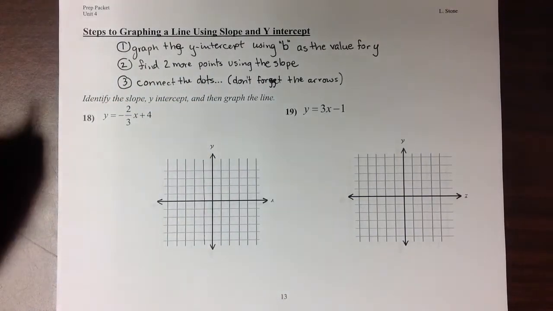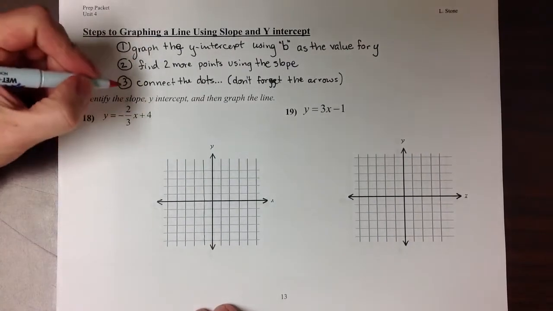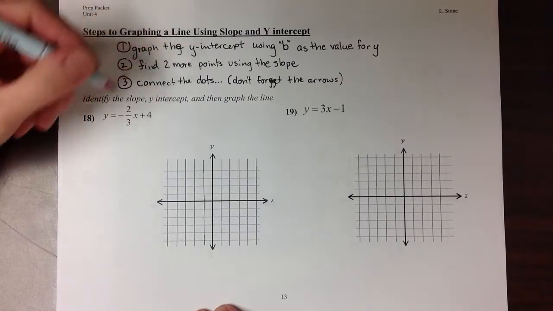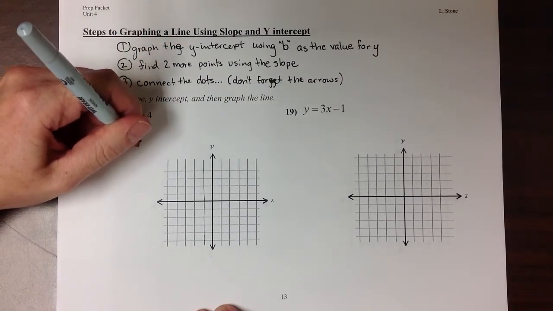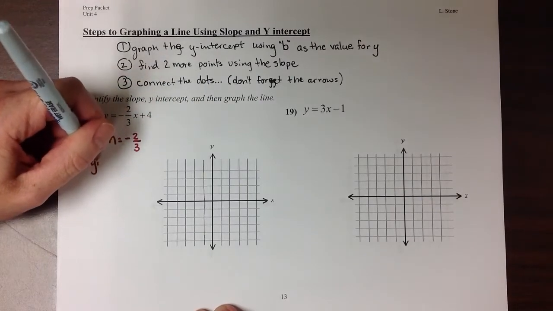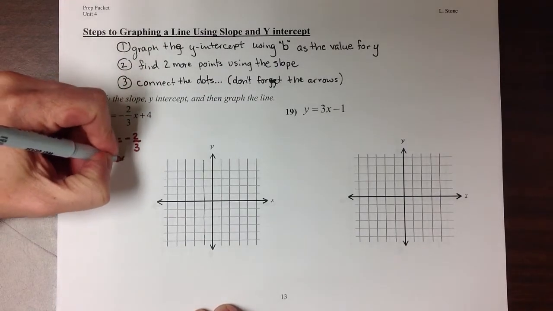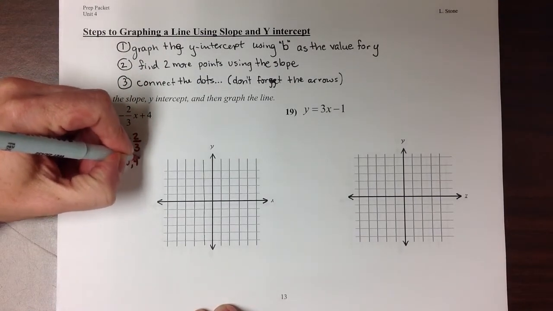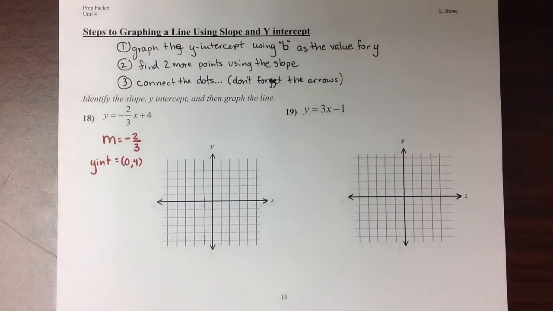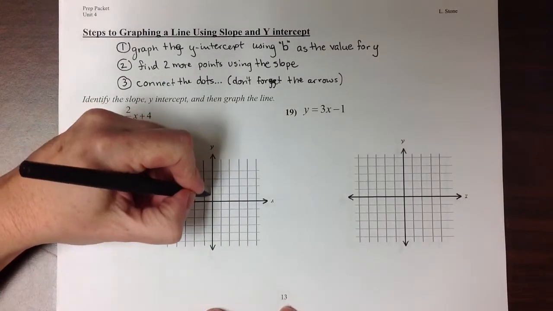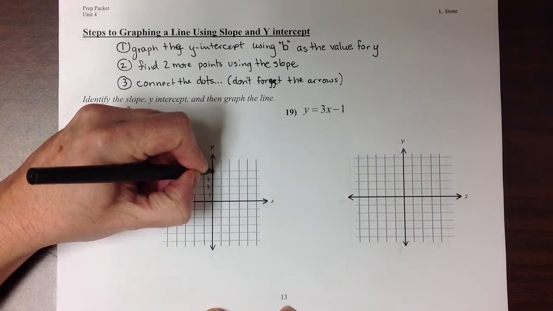Put it in there. So, looking at our first problem, we have a slope that's equal to negative 2/3 and a y-intercept at the point (0, 4). So I'll start by graphing the point (0, 4), which is going to be somewhere about right there on my graph.